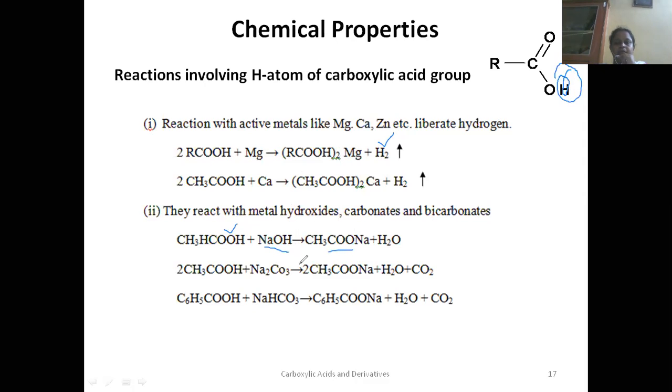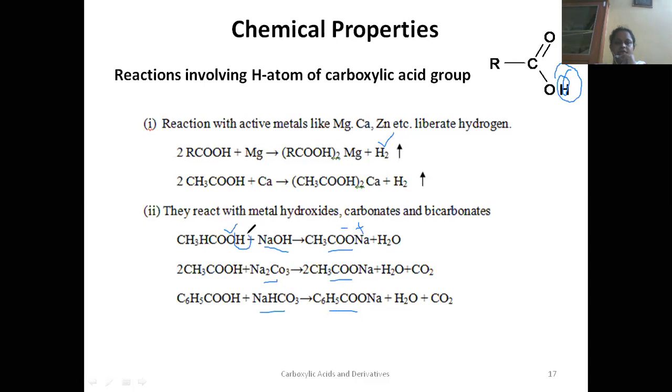Sodium salt is formed in all these cases, with sodium hydroxide, sodium carbonate, and sodium bicarbonate. This is a salt because the bond between these two is ionic in nature.